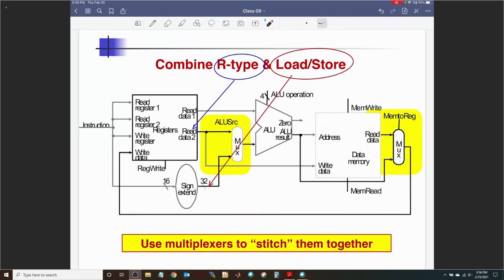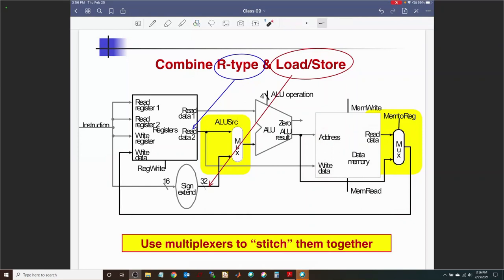So let's talk about in which case, like the way we drew blue lines and red lines for R-type and load store, let's also try to do that for this. Where should I draw the blue line? R-type to A, which one should I add?